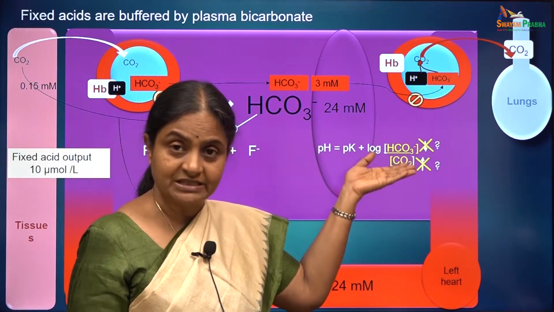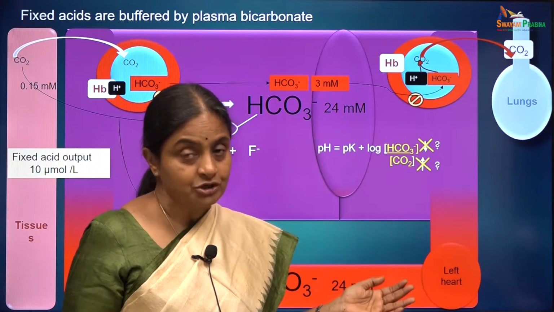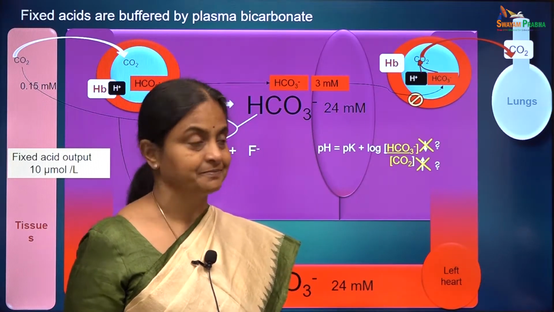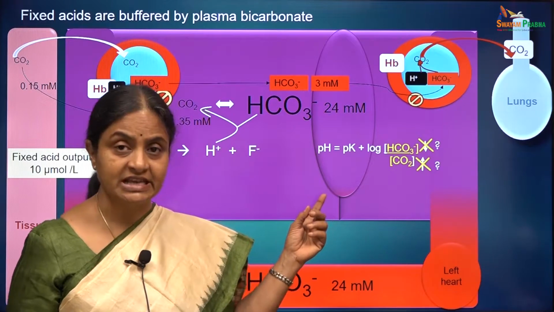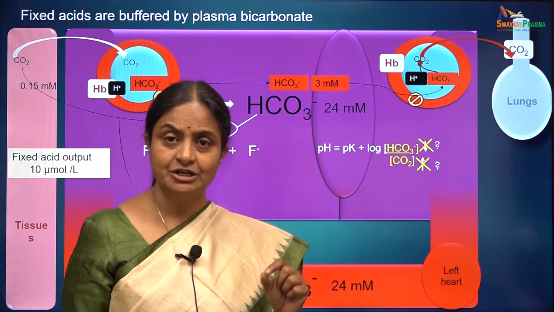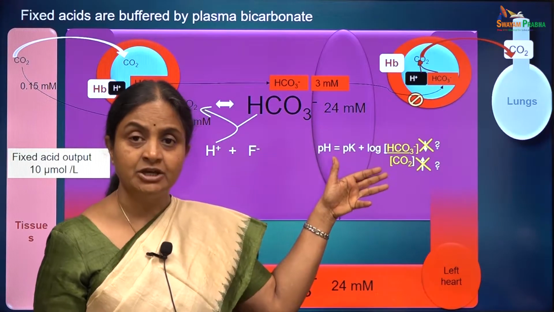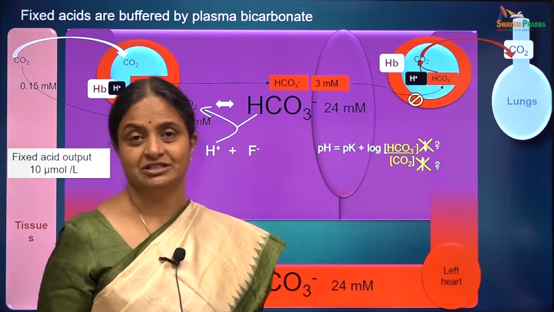Therefore, the ratio per se will not be affected much, and therefore the pH will not change perceptibly. This should make you understand that for any buffer pair to function as an effective buffer pair, the base and the acid should be present in adequate concentrations.